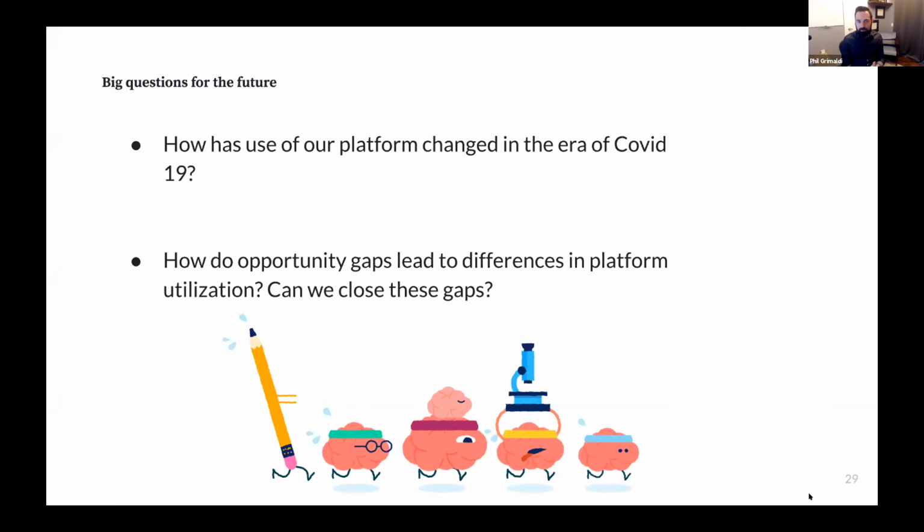And not all unrelated to that are the issues of economic and opportunity gaps that exist and are being exacerbated by COVID-19. Cody showed examples, pre-COVID, of large variability in how students use our platform. To a certain extent, a large part of that variability is predicted by demographic differences, and those are certainly going to be exacerbated by the COVID-19 crisis.